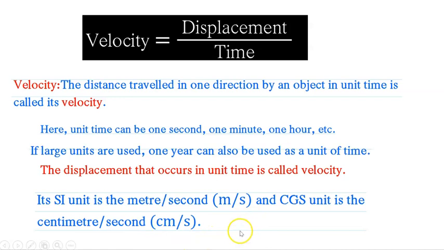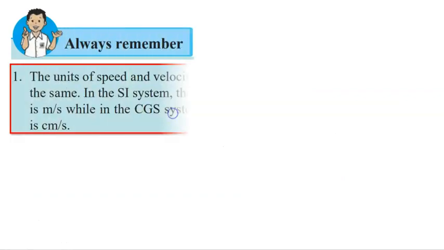And what are the units of these two? They are the same for speed and velocity. There is only one difference: speed is a scalar quantity while velocity is a vector quantity. Now always remember this: the units of speed and velocity are the same.